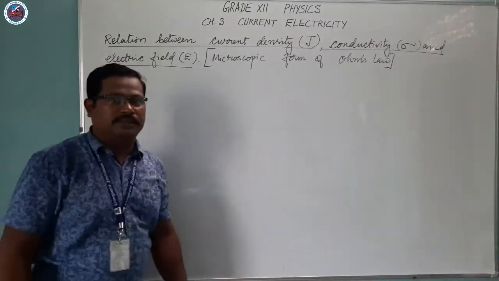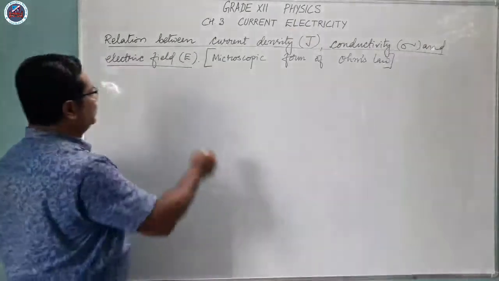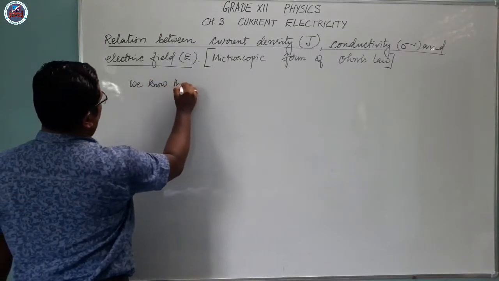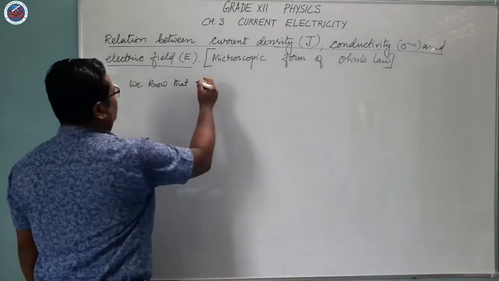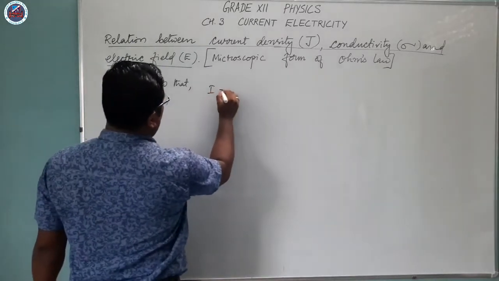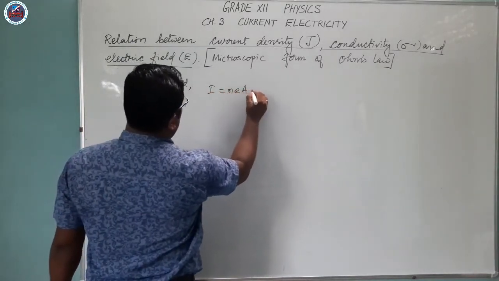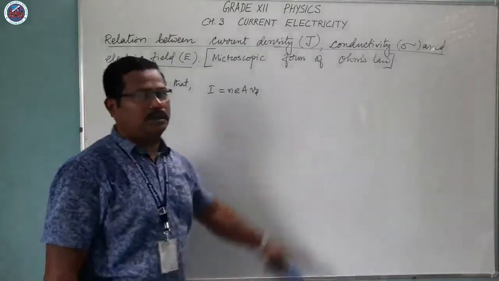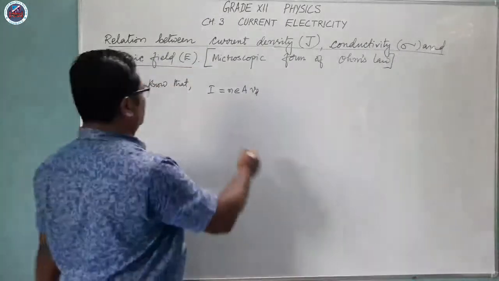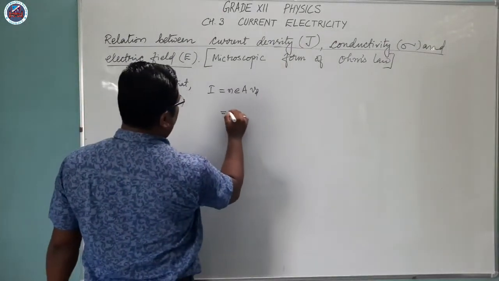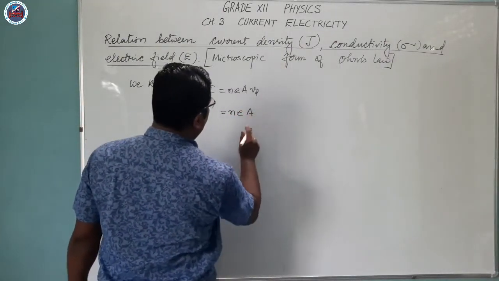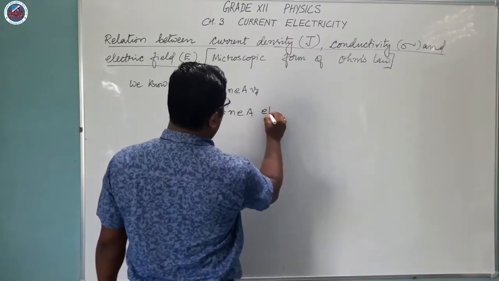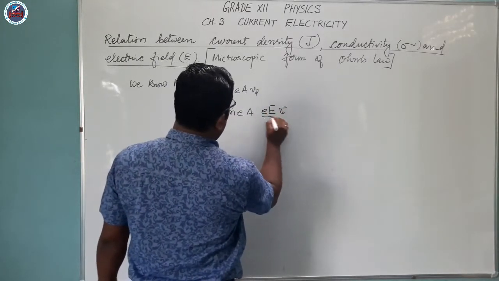Let us see the relation. We know that current I is equal to n e A vd. This is the relation between electric current and drift velocity. Our expression for drift velocity is e E tau divided by m.